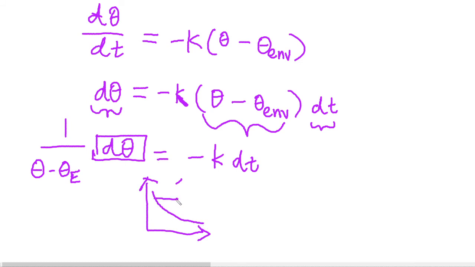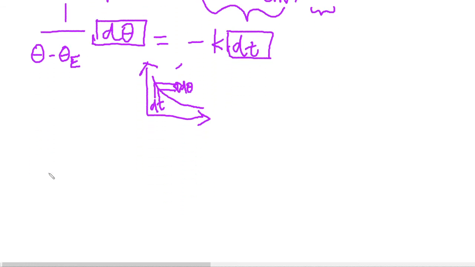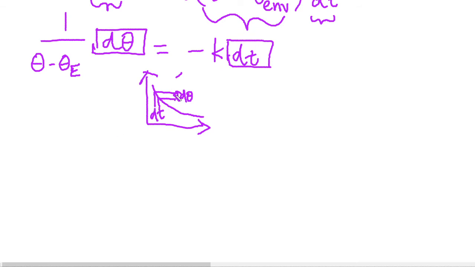This d theta is just some infinitesimal change in the temperature over some infinitesimal change in time. These two quantities, although zero, actually have a physical representation, and this is what relates them together. And we are trying to go from this, how this and this are related, to an actual equation of theta over time. So let's get back to the mathematics.